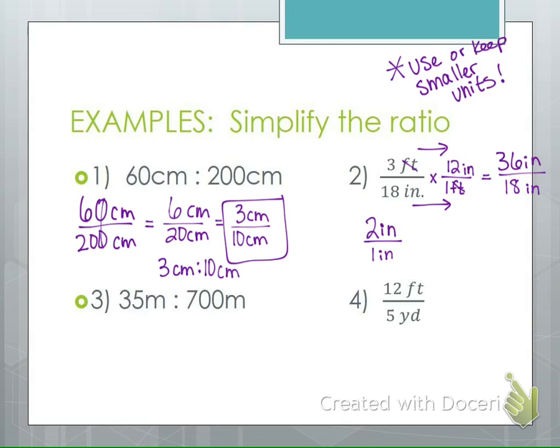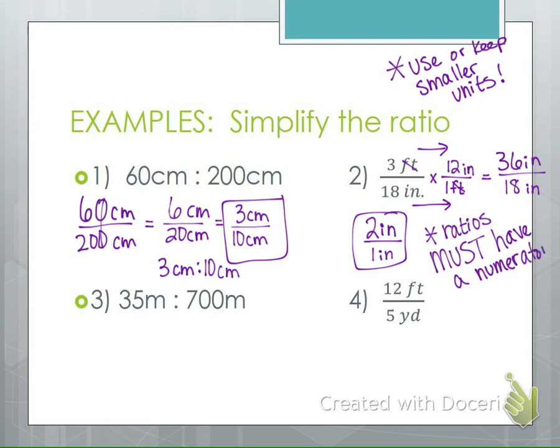So that 1 inch in the denominator has to be there. If you want to make yourself another note, ratios must have a numerator and a denominator at all times.